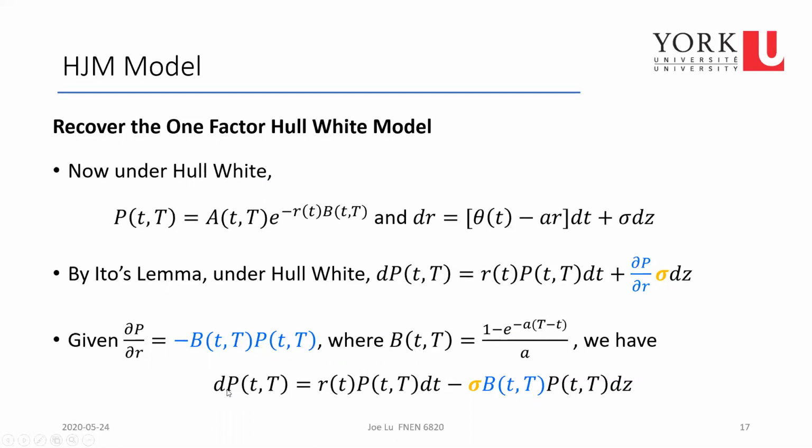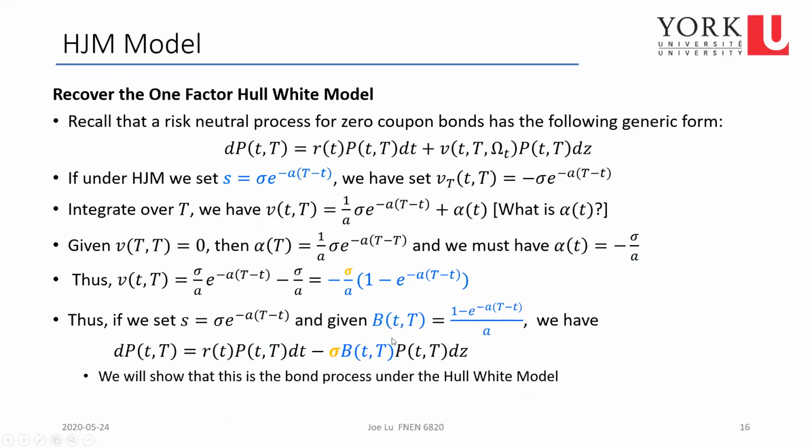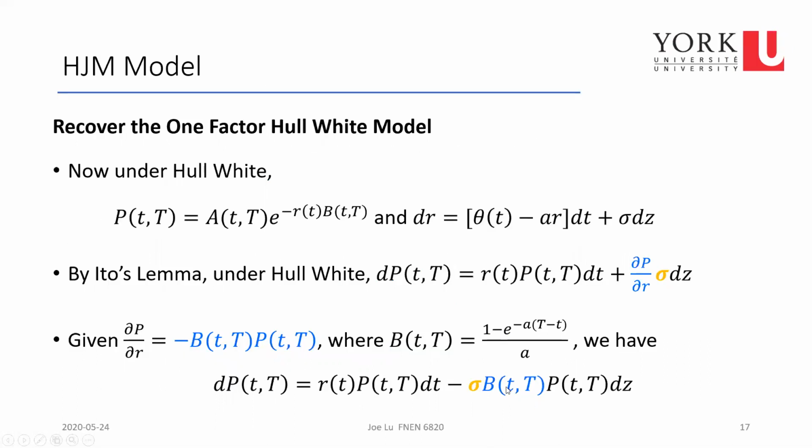Then the price process for the zero coupon bond under Hull-White must be rP dt minus sigma times B times P dZ, which is exactly this thing here. Or if you don't write P, you can just write out this particular expression on both sides, so that they're essentially the same.